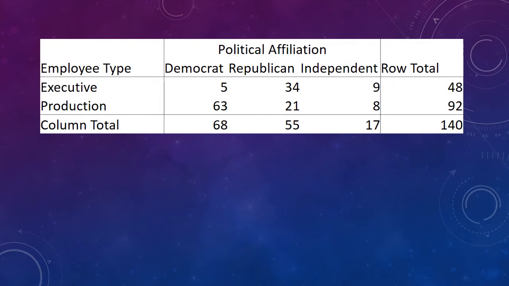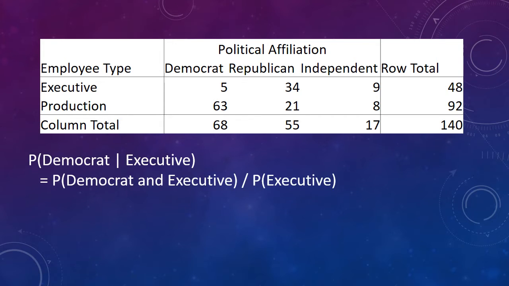Or we could look at our employees and political affiliations. Instead of thinking of this sample of employees and political affiliations, let's instead think about the random process of selecting a random employee and seeing what their employee type and political affiliation is. If we wanted to find the probability that an employee was Democrat, given that the employee is an executive, then we take the probability that an employee is both a Democrat and an executive and divide by the probability that the employee is an executive.